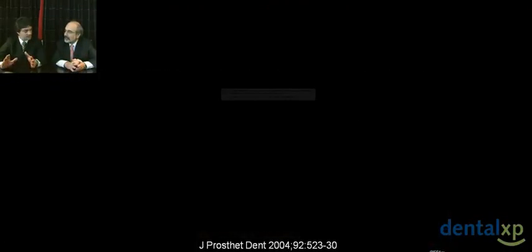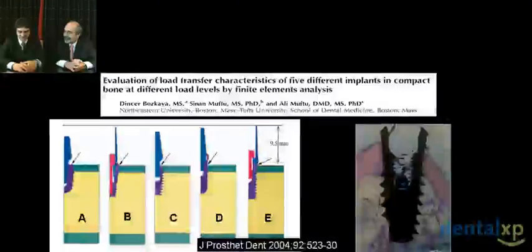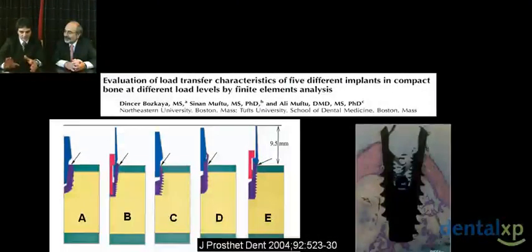So what's the best design of the implant neck? Because as we know, in the market we have so many different designs. Multiple different ones. Yeah. And which is the best one? This study was again done under computer simulation models, and we can see 5 different implants from the market.